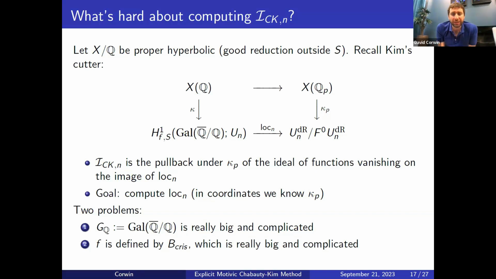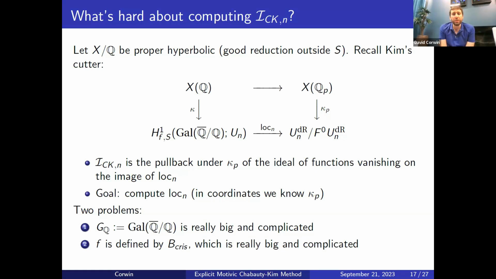Oh, and also, yeah, let's assume that K equals Q. And let's say we have X(Q) inside X(Q_p). We have kappa, the non-abelian Kummer map, or non-abelian unipotent Albanese map, as it's called, to the Selmer variety, H^1_{f,S}. I'm not worrying about the Betts-Dogra stuff right now. So we're assuming that X has good reduction outside S.